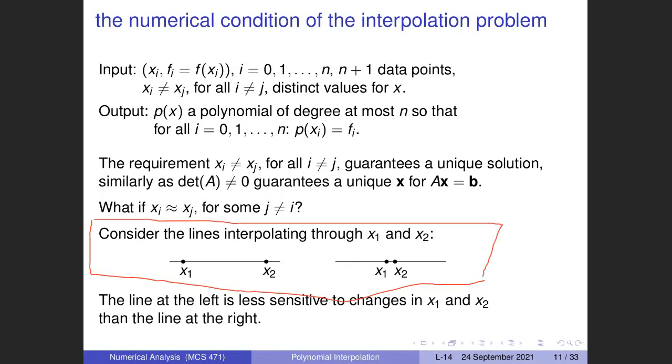So if you have to construct a line through 2 points, think about if you have somewhere a ruler and you want to balance the ruler on 2 fingers, your index finger of the left hand and your index finger of the right hand. So you need 2 hands for this exercise.